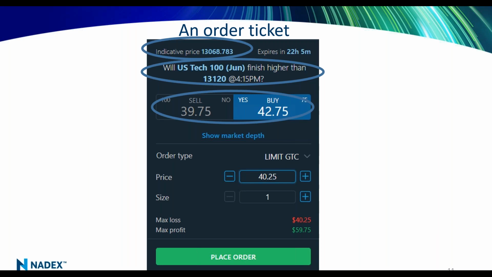Now, I will tell you, this is a central limit order book. I do not have to trade on those prices. If I wanted to try to buy it for 40.25, and you can see in my order ticket right below, I can use a limit order to try to buy it. And this is what a marketplace is with a central limit order book. Anyone can put a bid in, anyone can put an offer in.